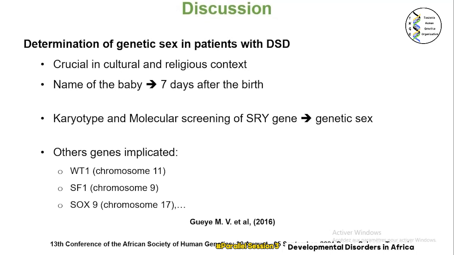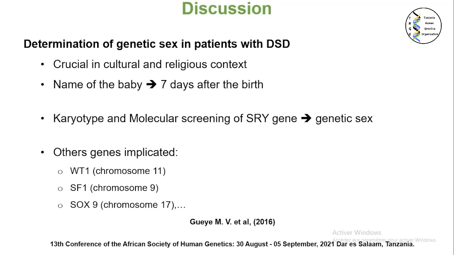In addition to the SRY gene on the Y chromosome, other genes localized on autosomes have been implicated in sexual development, like WT1 on chromosome 11, SF1 on chromosome 9, SOX9 on chromosome 17, and other genes. These genes may need to be screened.